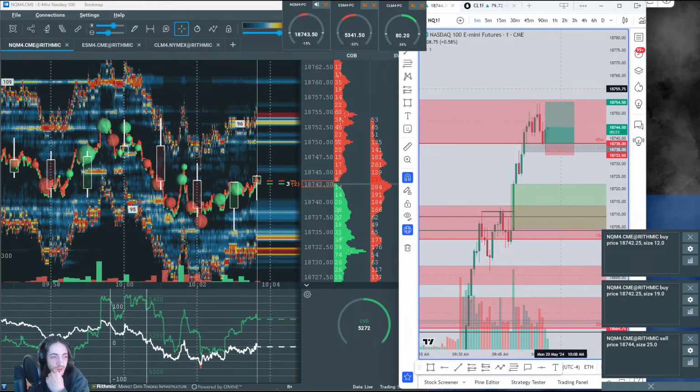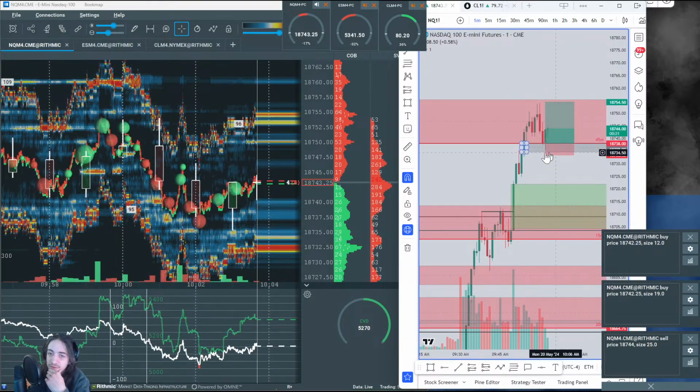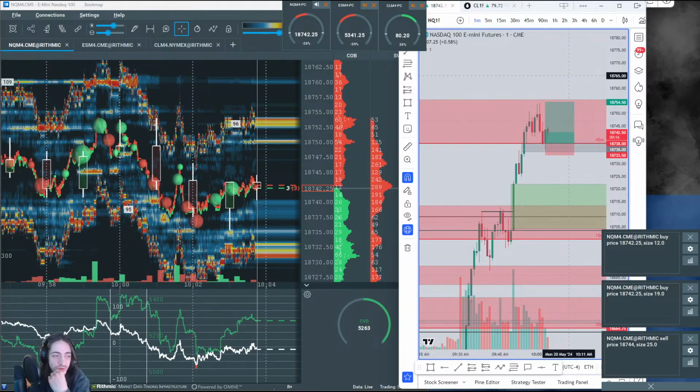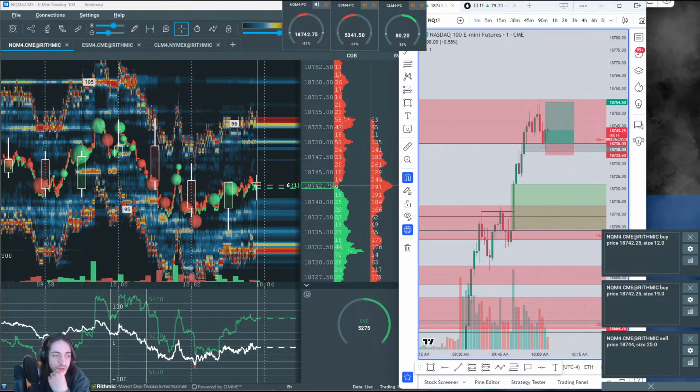I'm gonna grab some more longs there. Stop loss is below this swing right there. I'm adding to an existing order, so regardless is a win.